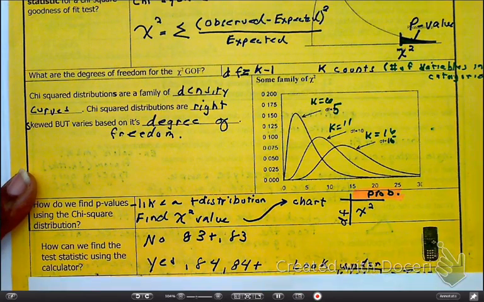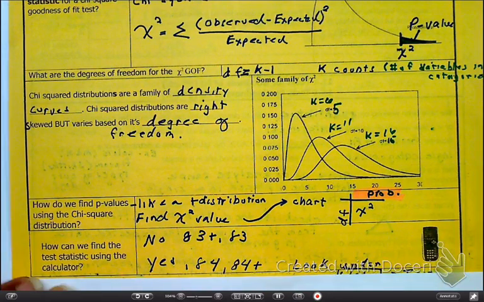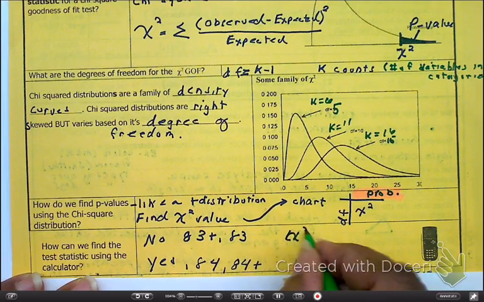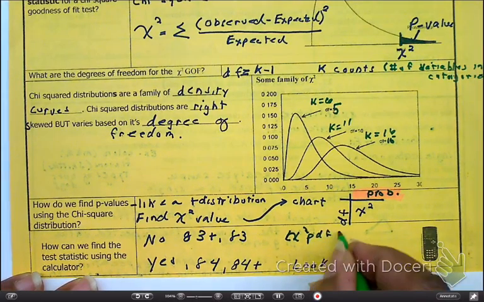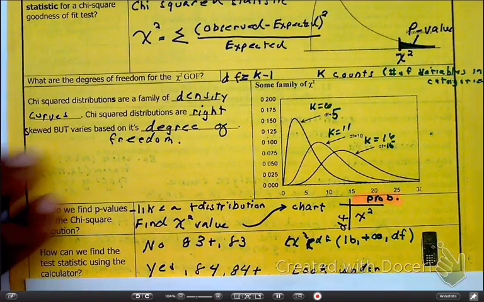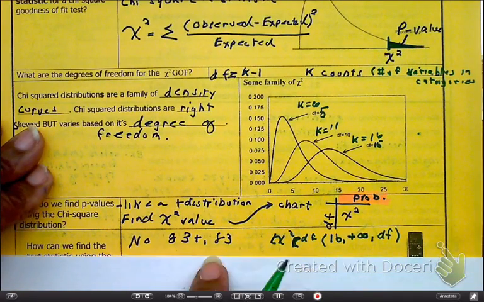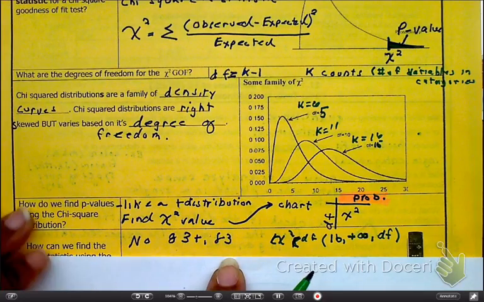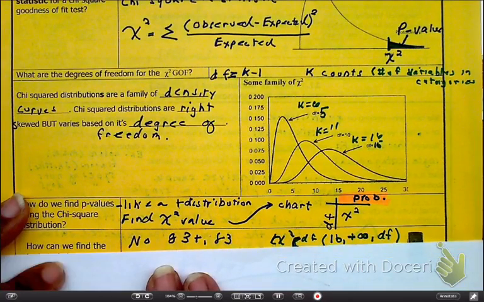Okay, in the calculator, we can find the p-value with the chi-squared CDF. Oopsie, not PDF, CDF. Now, for the 83 and the 83 plus, at least those are two I know, and Casio, you are on your own.